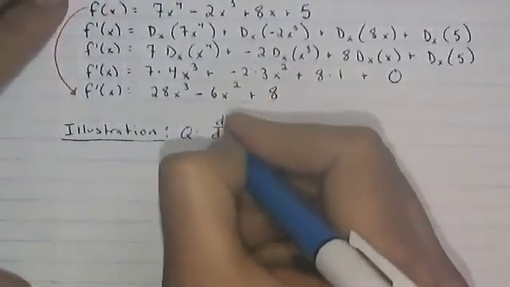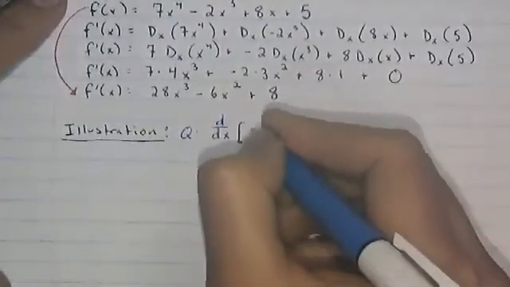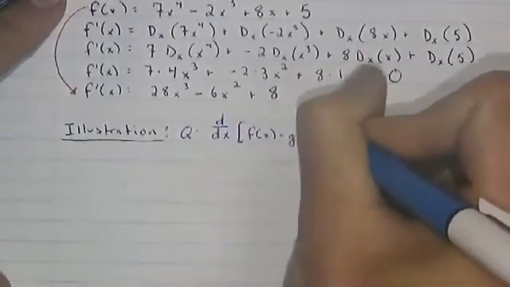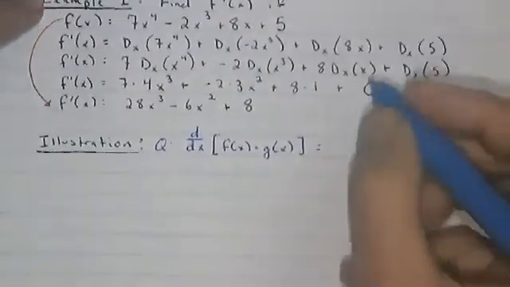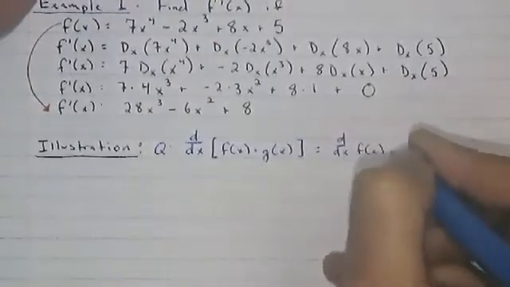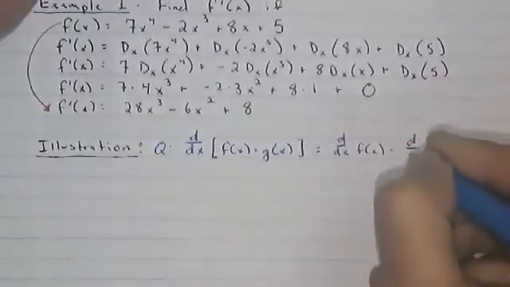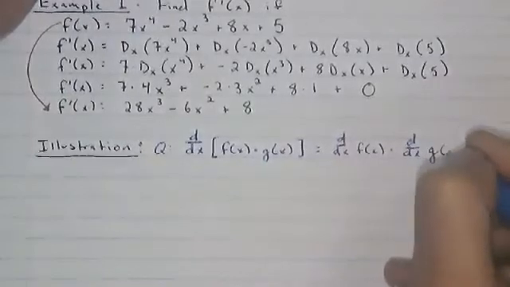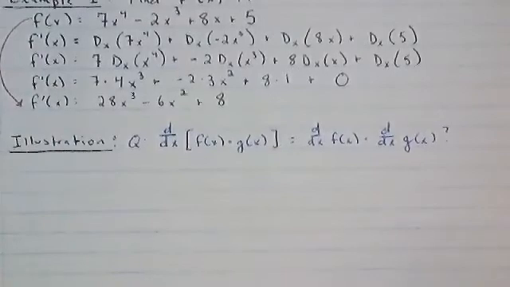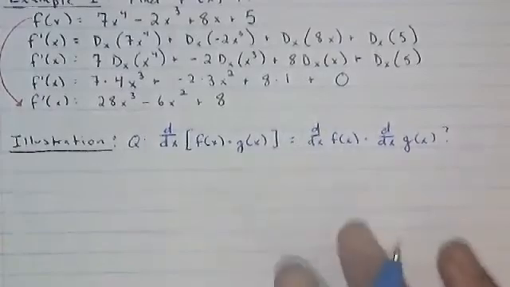Is the derivative with respect to x of f of x times g of x, does this behave like our limits, where this is going to be equal to the derivative with respect to x of f of x times the derivative with respect to x of g of x? Pretty nice if it was. But you can probably tell from the way I'm posing the question that it's probably not going to be. But, you know, maybe I just ruined your surprise.